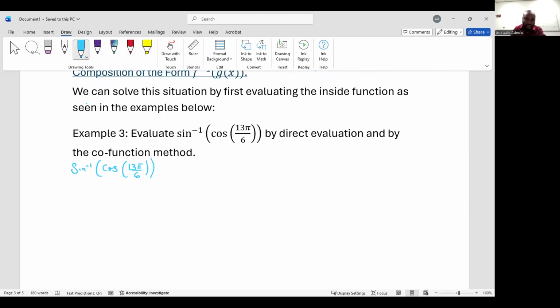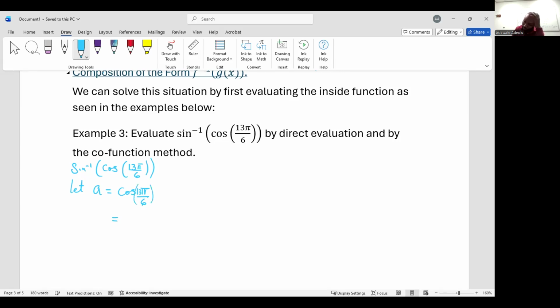I will solve this by letting the inside function, cosine of 13 pi over 6, be some angle A. Let me rewrite it this way: let A equal cosine of 13 pi over 6.